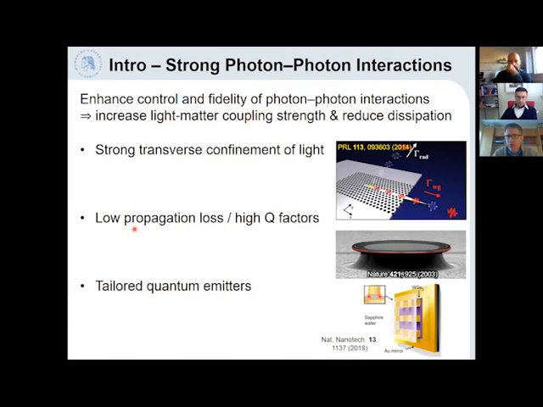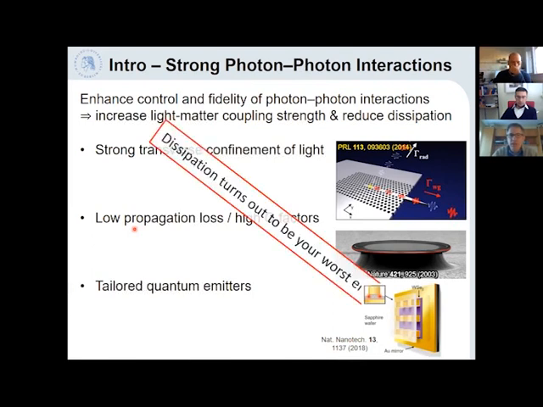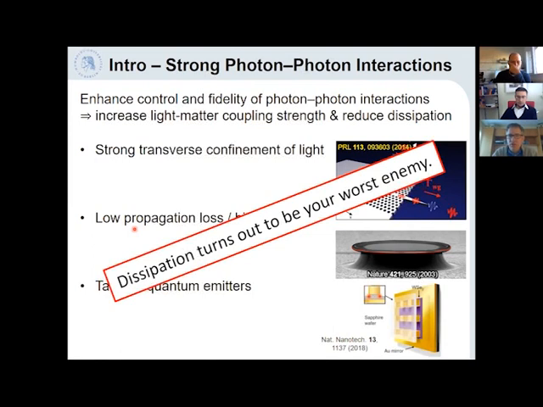But even if you take all these approaches at the same time, it turns out that dissipation will always stay your worst enemy, because dissipation makes photons disappear and will just wash out all quantum nonlinear effects that you may want to observe or harvest.